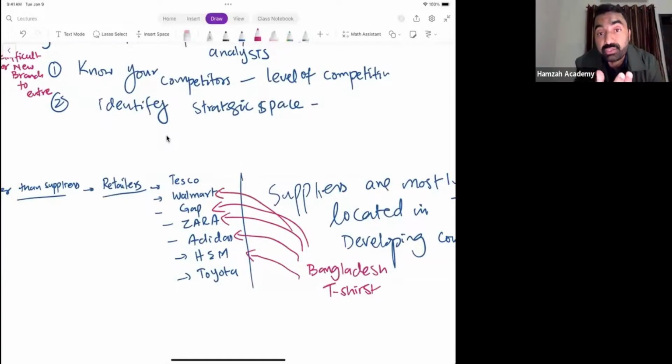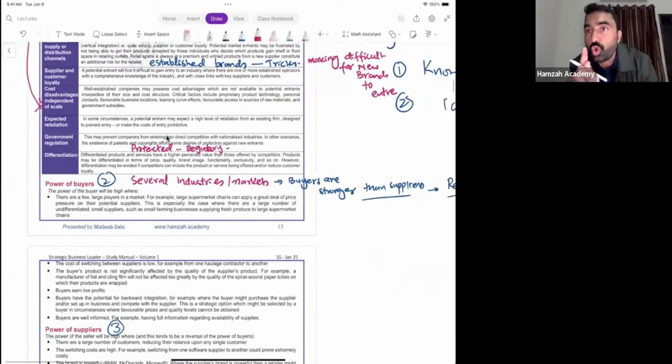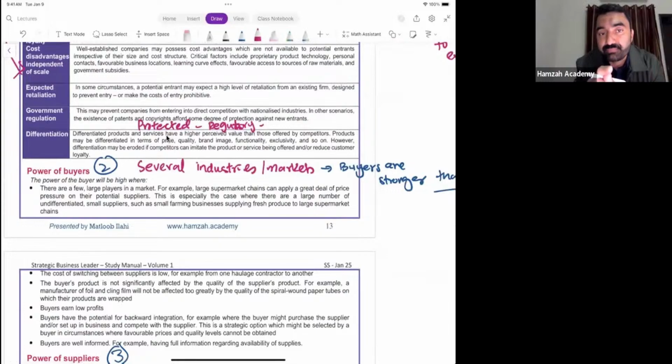But the size of this manufacturer is very, very small in comparison to these big brands. So they may use this power to offer lower prices to these small suppliers.